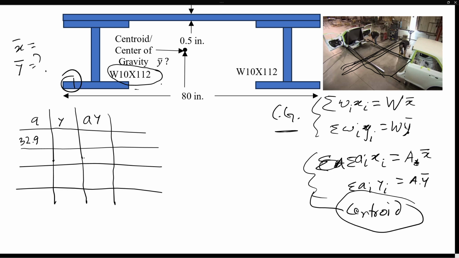This is my section 1, and section 2 is the same, and the section 3 is the long bed sheet. For the sheet of material, that would be 80 inches times 0.5 inch thick, so the area is 40.